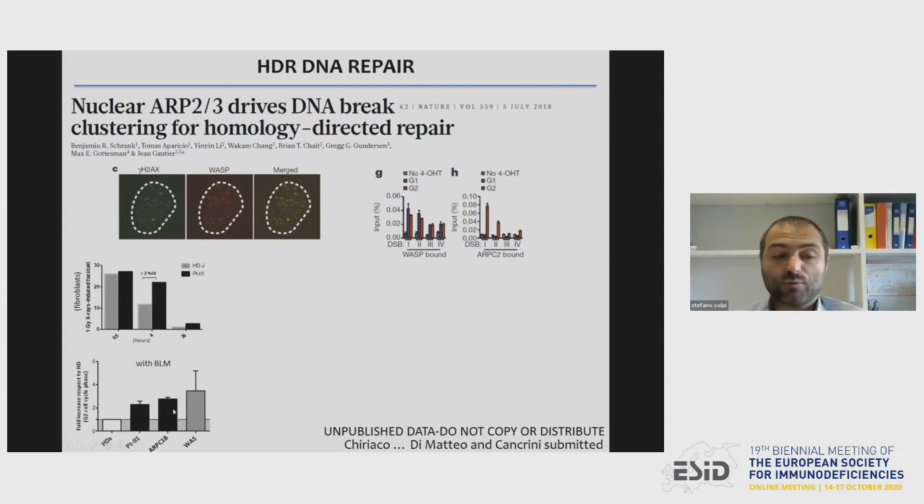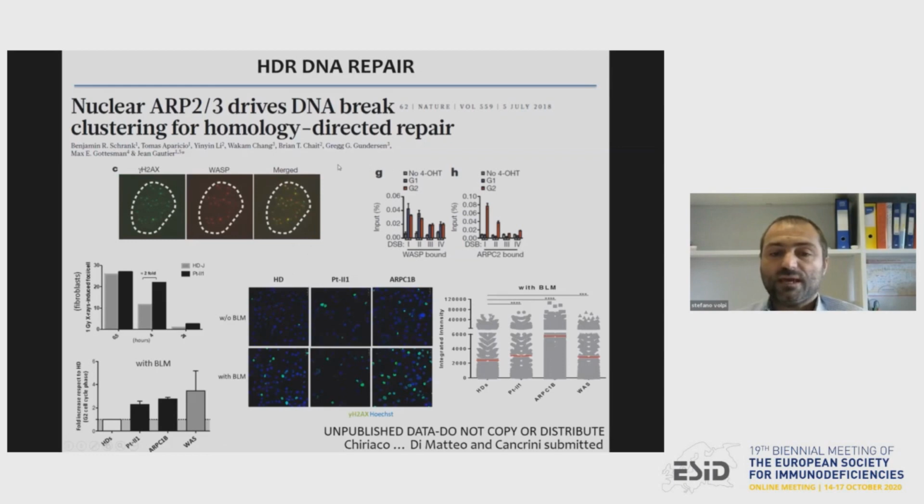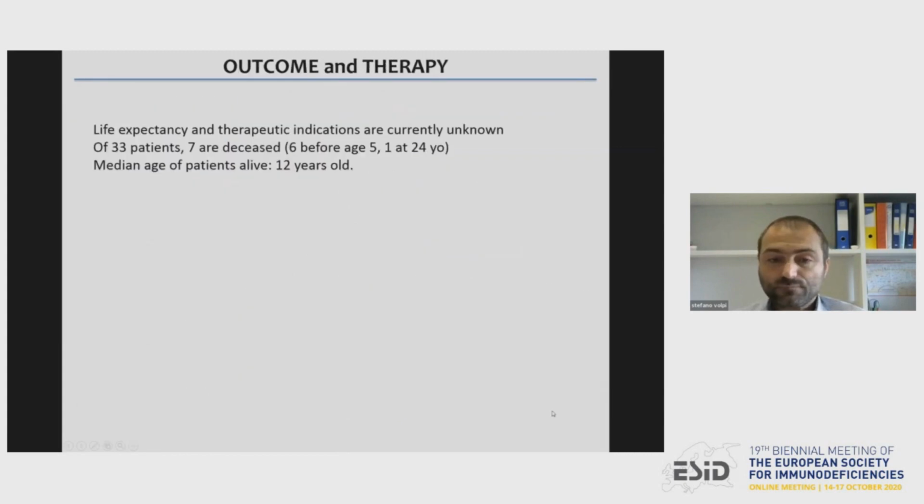This is their patient, this is our patient, and this is especially true in G2 phase. So it tends to recapitulate what this group described in animal models and cell lines. These are the foci staining, gamma-H2AX staining, and this is the quantification that clearly shows this increase.